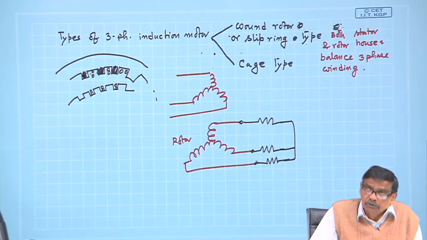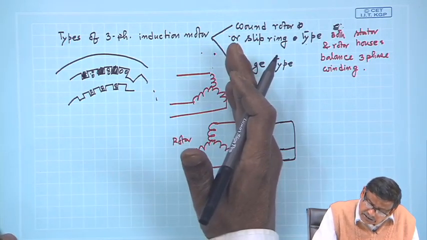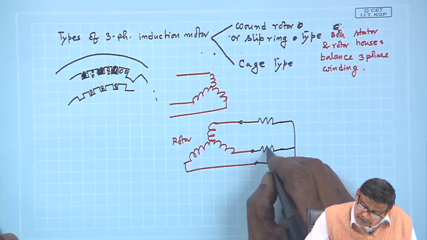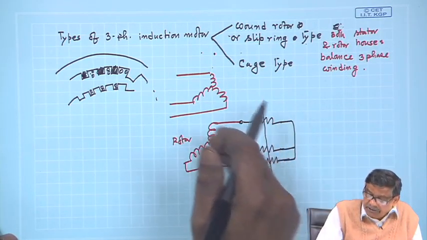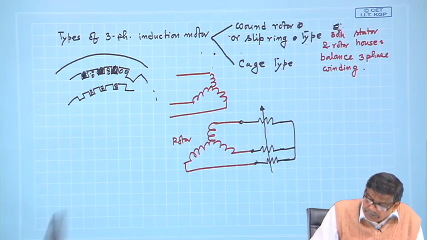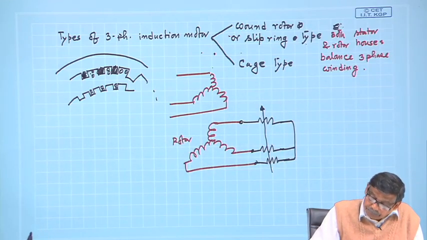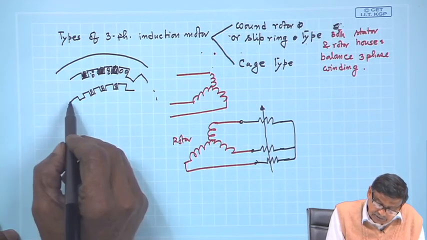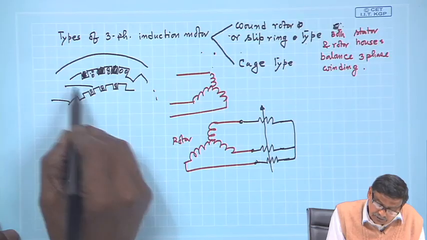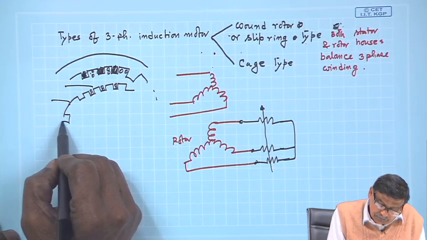So, they can be closed either directly by short circuiting or you connect some external resistance of equal values in each of the phases. That can also be done, we have seen. Now, the question is this: the rotor structure, from where 3 terminals will come out from the rotor winding.